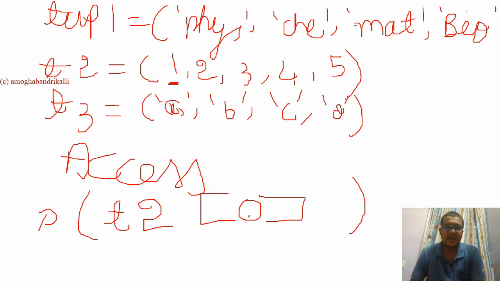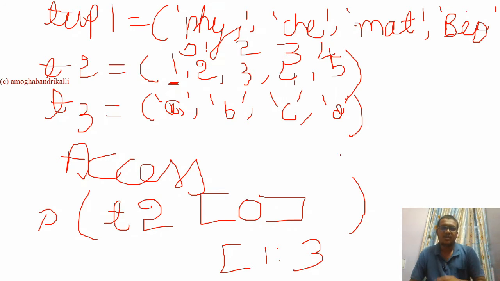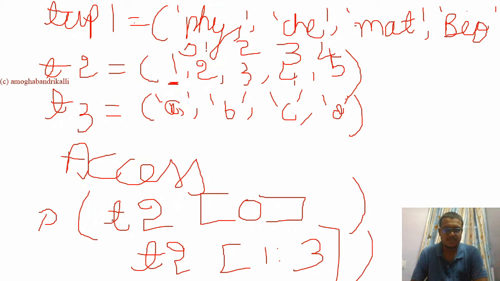Instead of this, you can also use indexing from 1 to 3. That is 0, 1, 2, 3, 4, so you get two values, 2 and 3, printed. This is of variable T2. The tuple is present in T2 and you can print it.